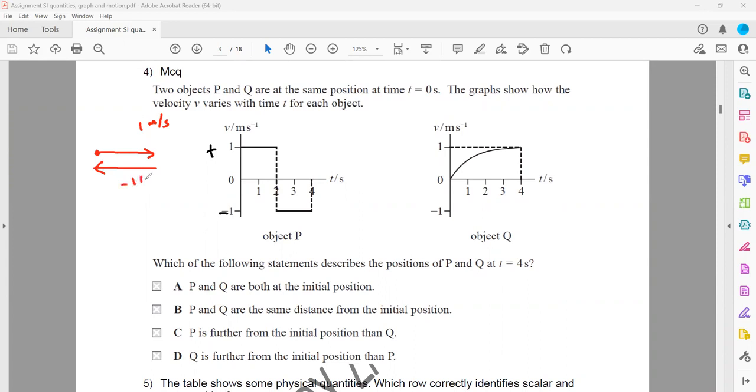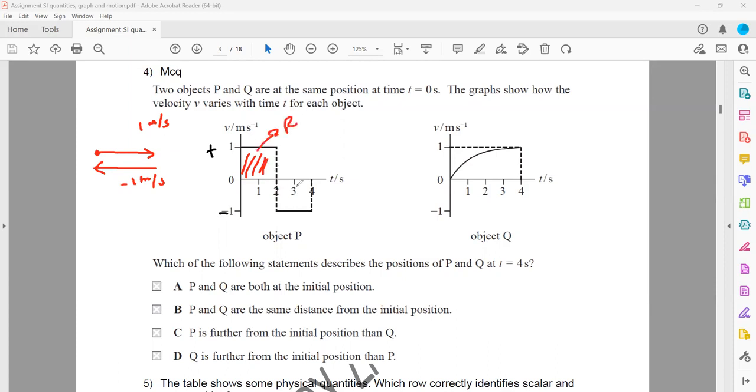It moved with the same magnitude but in the opposite direction, -1 meter per second, which means that it reverses its direction and returns back to the starting position. And the area under the velocity-time graph shows the displacement.